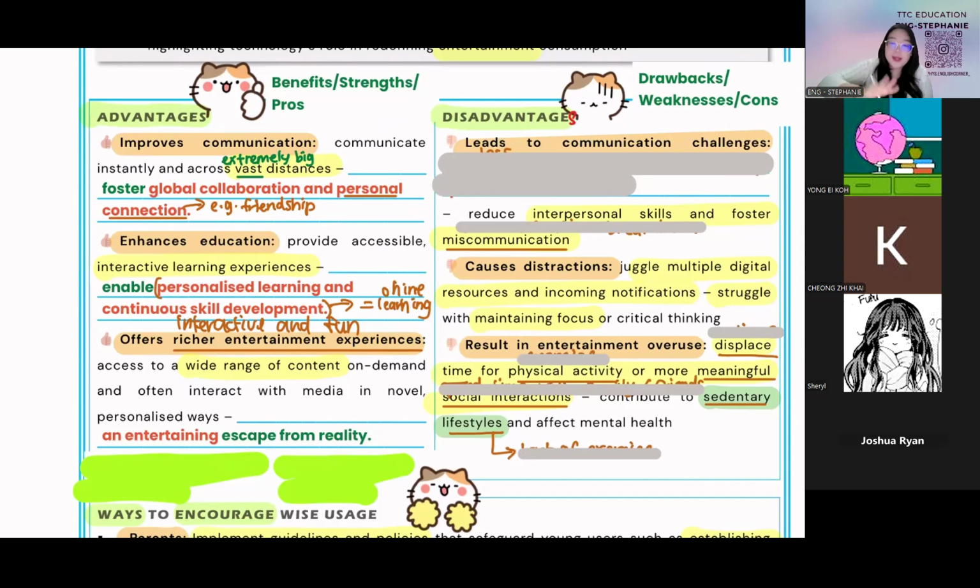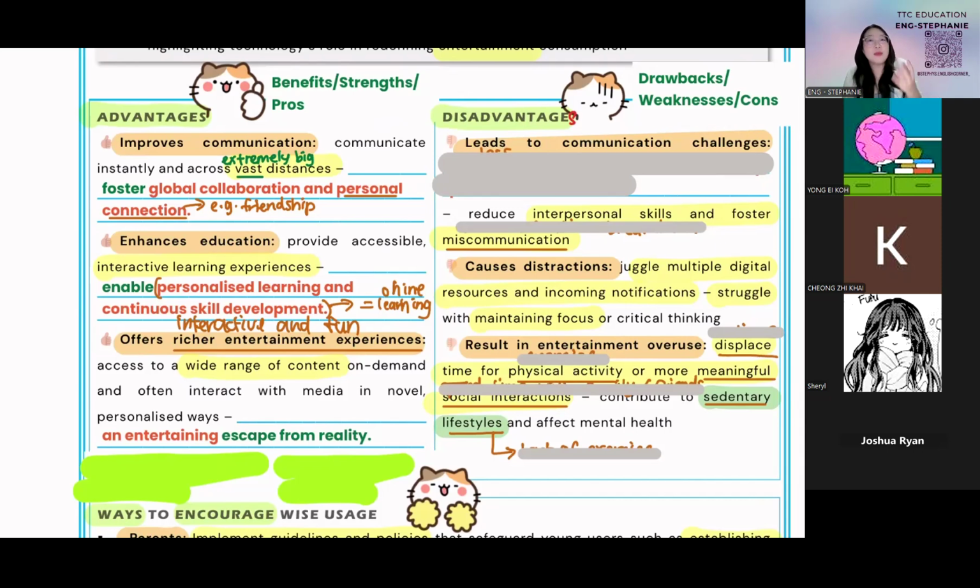So I prepared quite an amount of stuff inside, but for the key points, it's just those that I've highlighted in green, orange, as well as yellow. Written ones are also important points. So far, advantages is like so. I don't think this is something that you are not familiar with, because I believe since you are in lower form, you have been writing topics related to technology for a while.